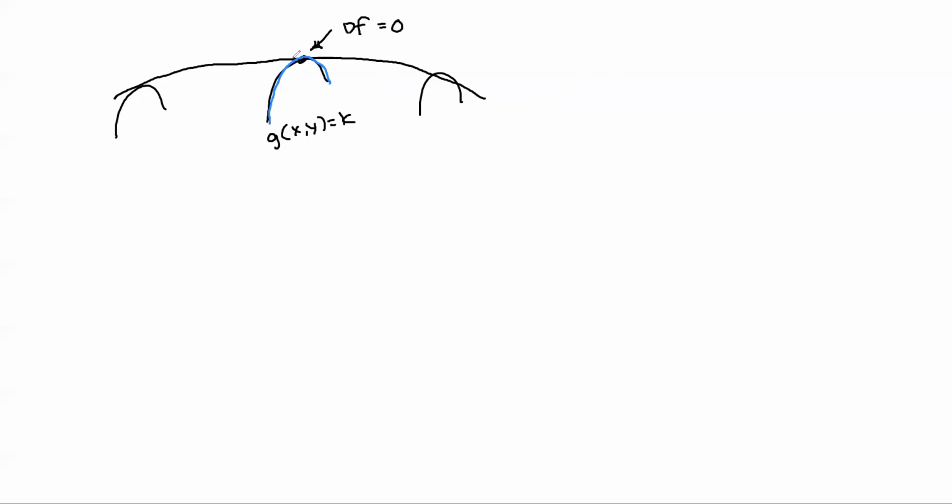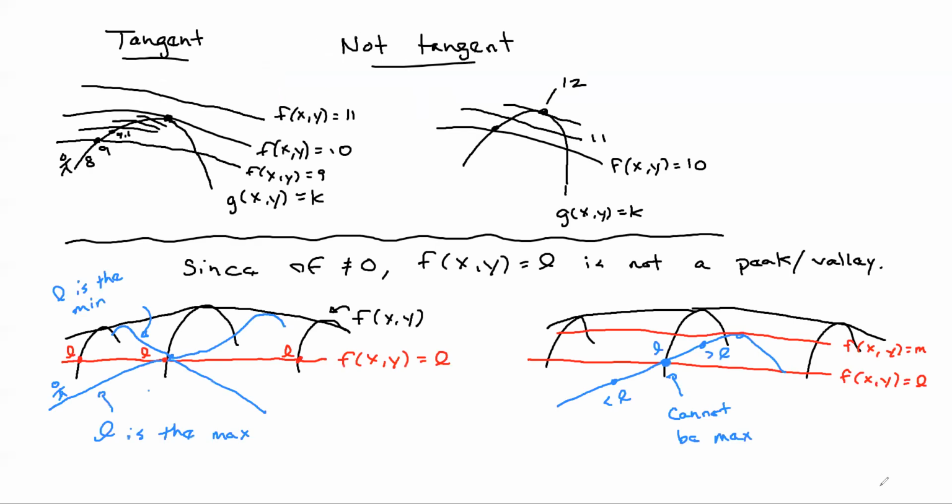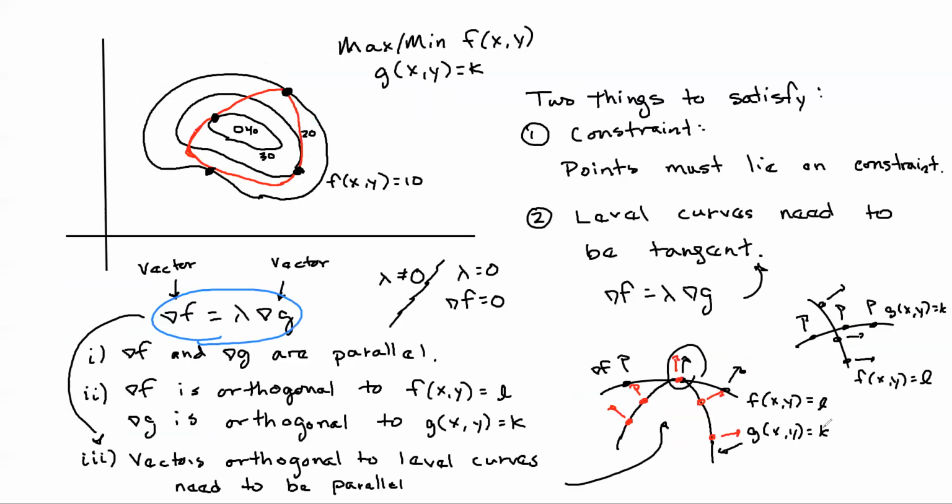And so if you do find a point where the gradient of f equals 0, then that point is going to be a local max or local min, and that is clearly going to be a possible max or min. Okay, anyway, all this is an attempt to explain the theory behind Lagrange multipliers, why they work, what this means. It means that the two curves are tangent.